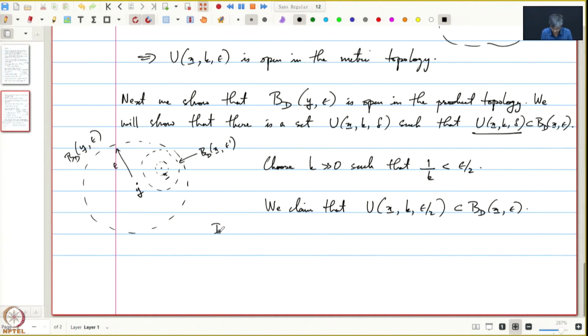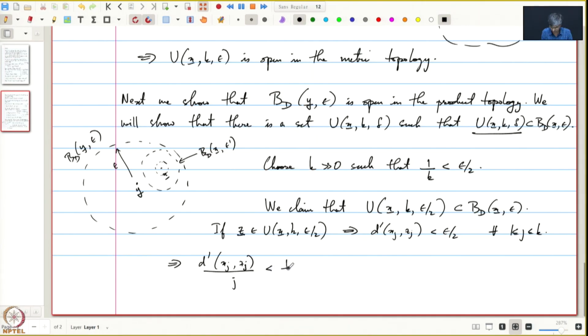If z is a point in this set, then d prime xj comma zj is strictly less than epsilon by 2 for all j lying between 1 and k. So d prime xj comma zj by j is strictly less than 1 upon j times epsilon by 2, which is less than or equal to epsilon by 2, for all j lying between 1 and k.